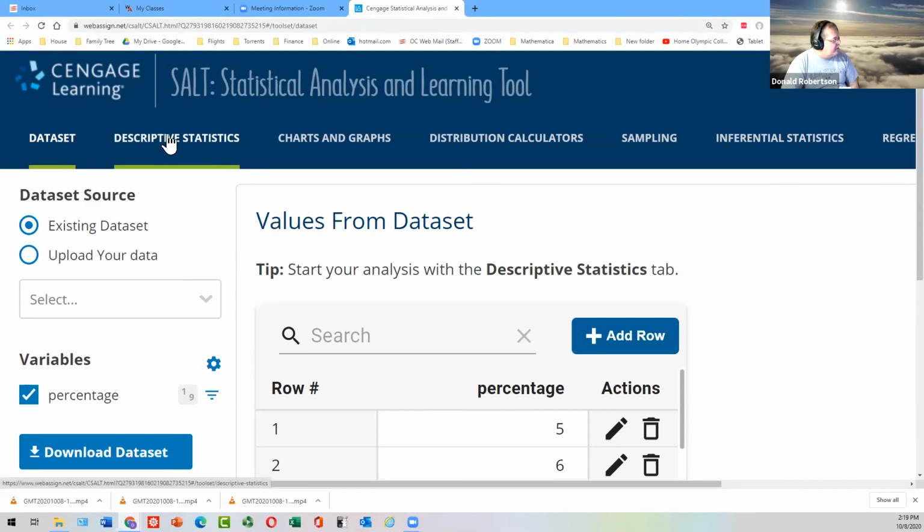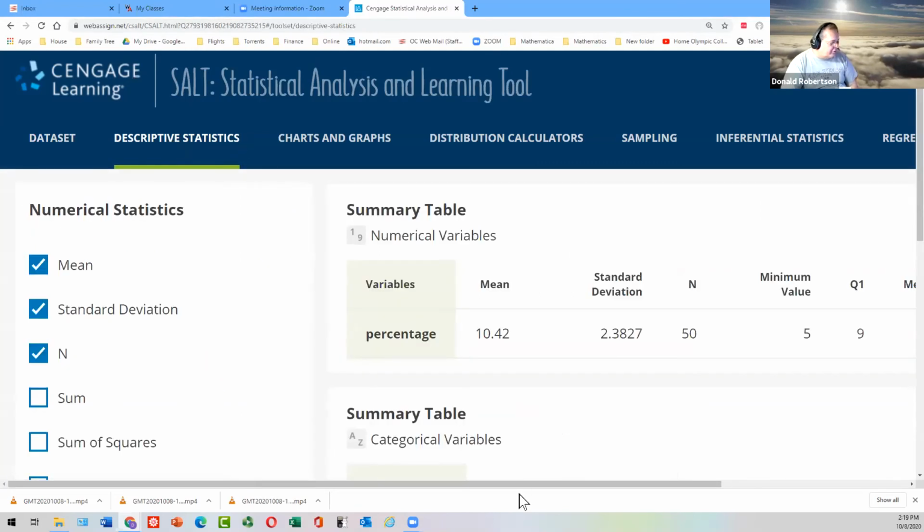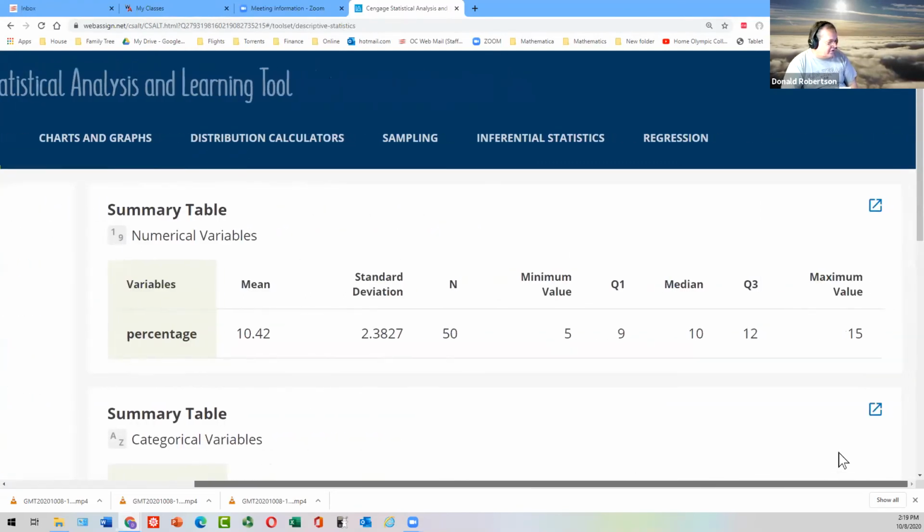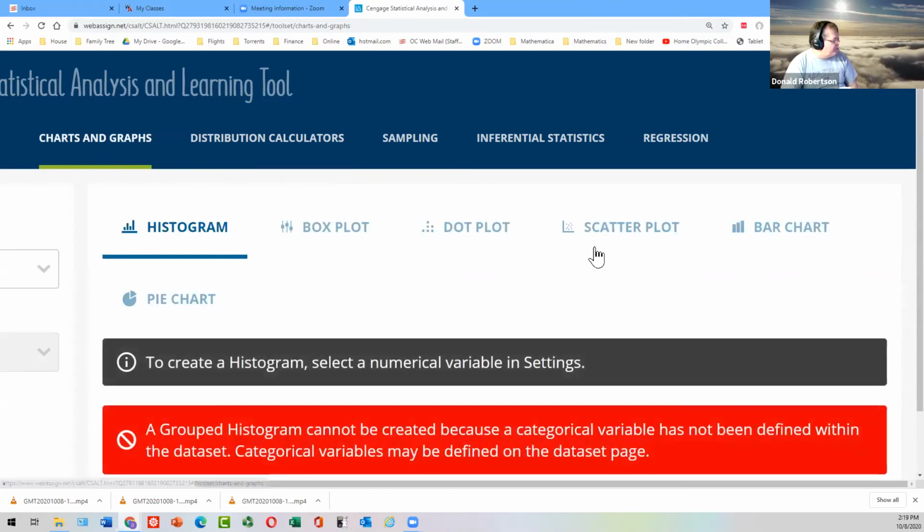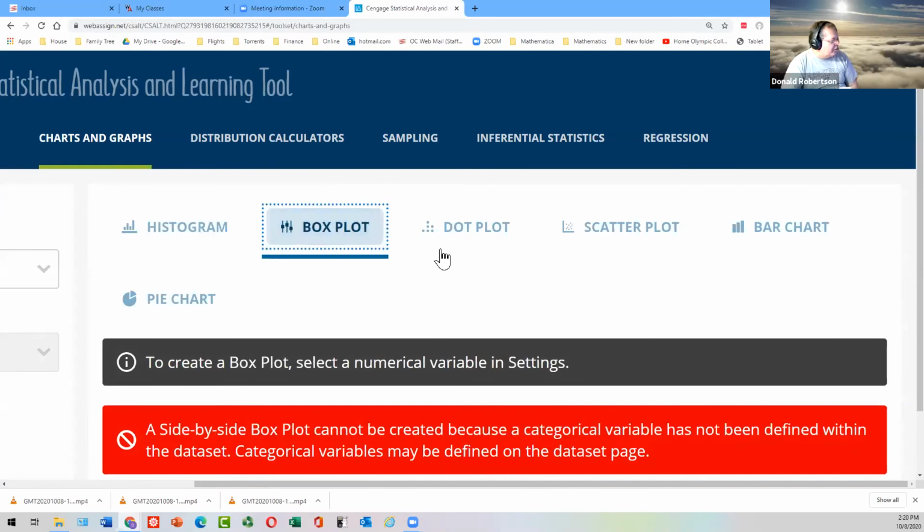Now, if I hit descriptive statistics, can you see the 5-figure summary is at the end? These 5 numbers.